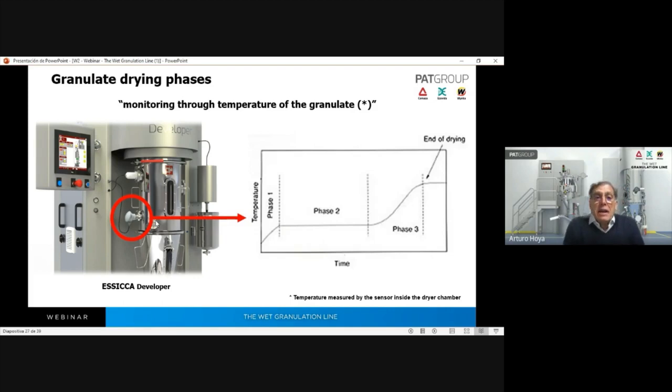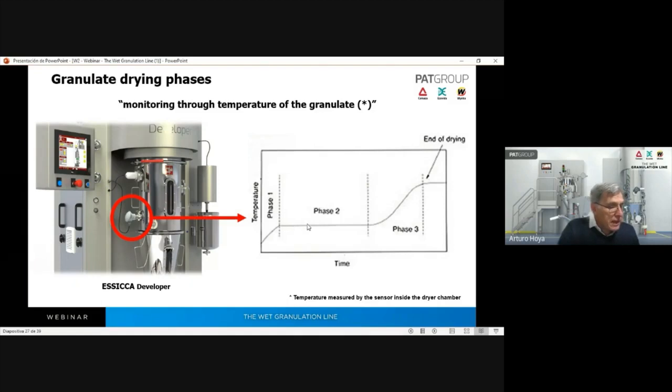And here is a theoretical aspect of the phases of the drying process. Phase one is the pre-warming of the equipment, but then when the granules begin to absorb the energy, absorb the heat, and deliver the water, the process enters phase 2.